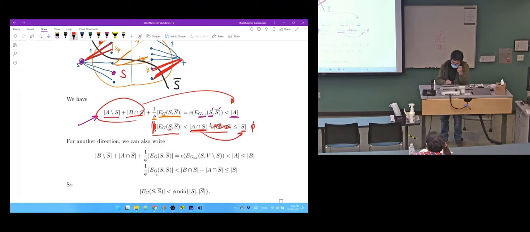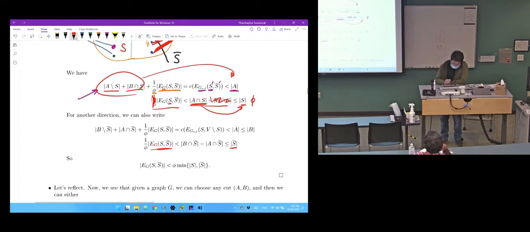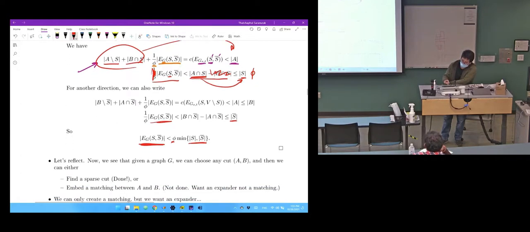On the other side, it is less than S bar too, with the same calculation. So the cut is less than phi times the minimum of the sizes of S and S bar. So this is a sparse cut.